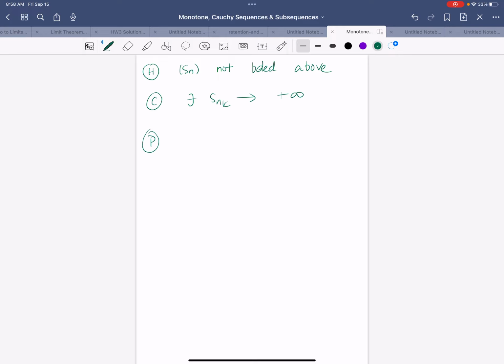Then the proof. Since Sn is not bounded above, that means for every n, there exists m, we'll call it m sub n, such that little n bigger than m sub n implies Sn is bigger than n.